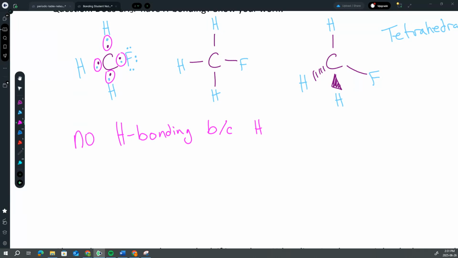So no hydrogen bonding, because hydrogen is not directly attached to, in this case, fluorine.